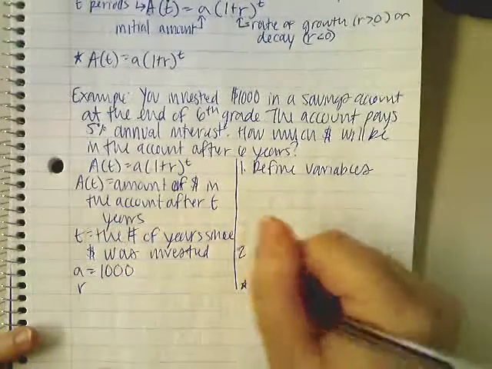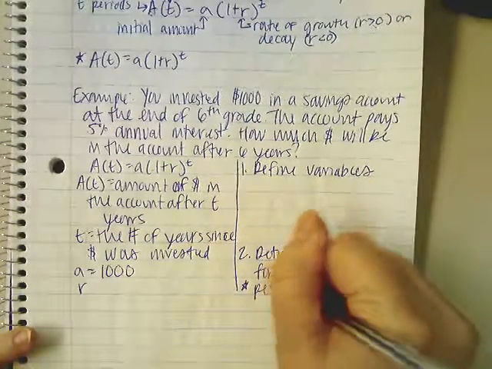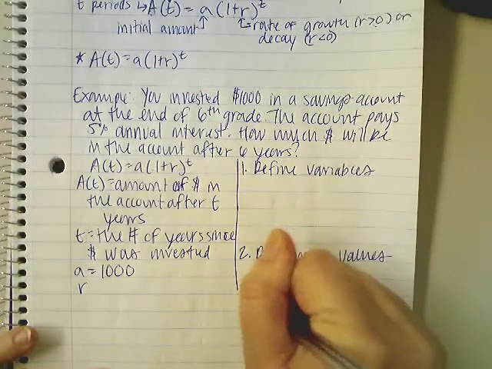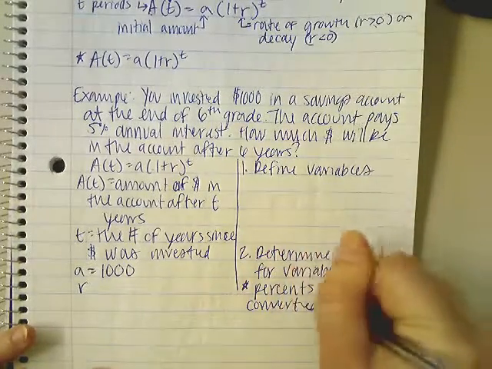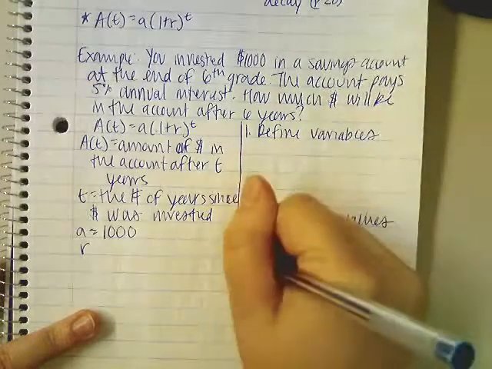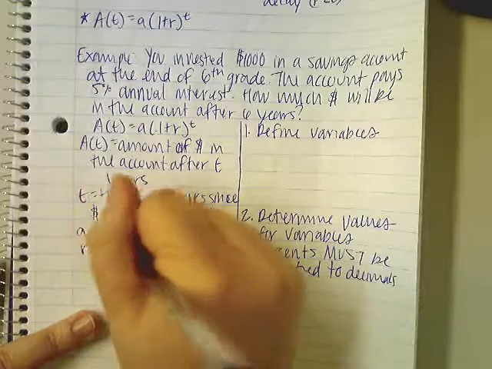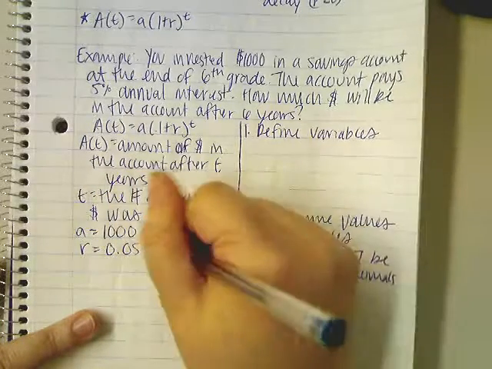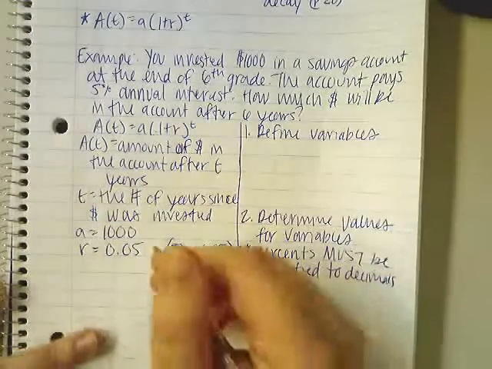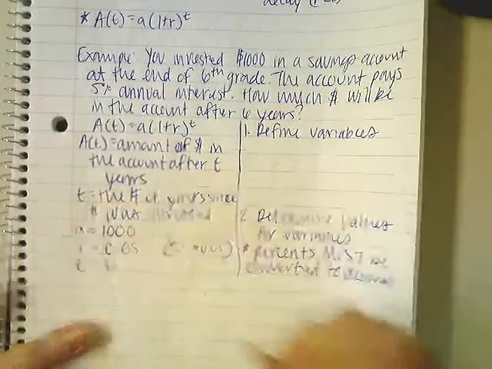R, I want to note, percents must be turned into decimals. So R is actually going to be 0.05 because I turn 5% to 0.05. And then T is going to be the number of years, which we said is 6.